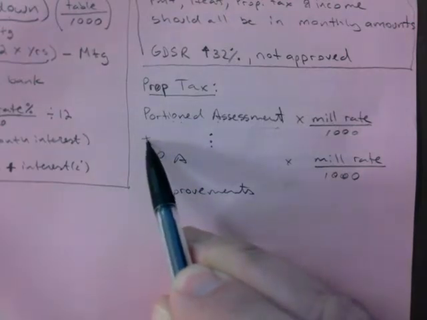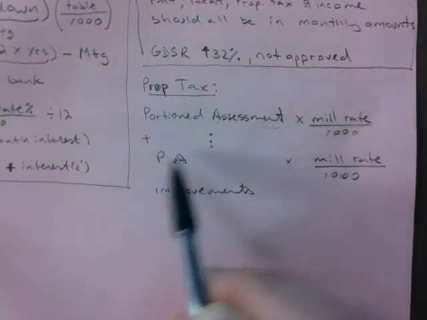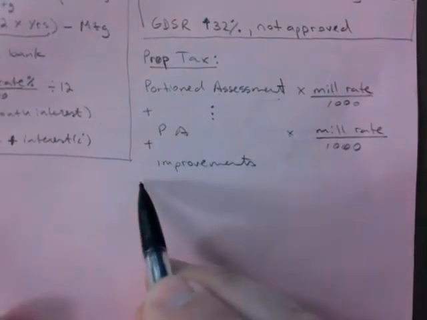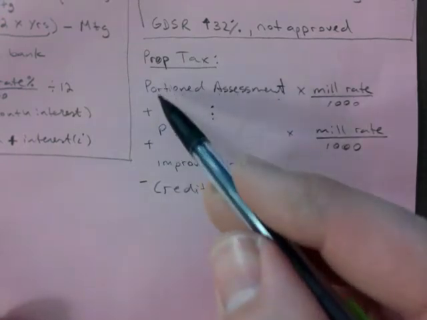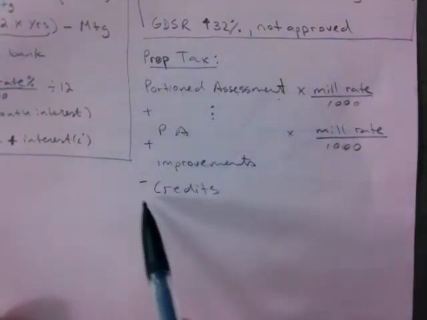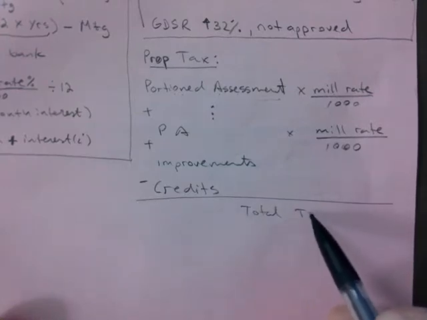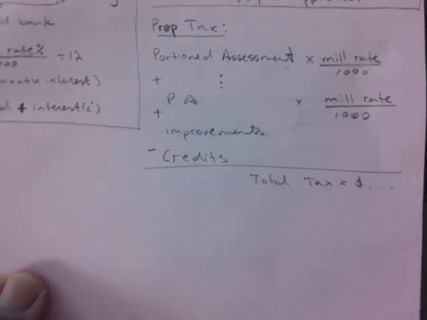So when you multiply the portion assessment times the mill rate, you would add the improvements, and then you're looking for any credits that may show up. So you add everything up minus credits, right? That's your total. It'll be a dollar amount, right?